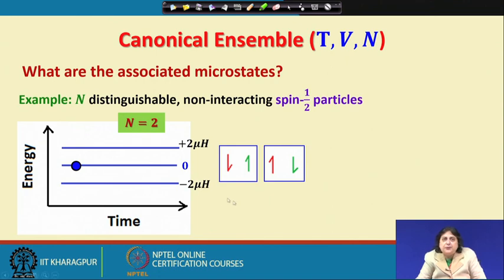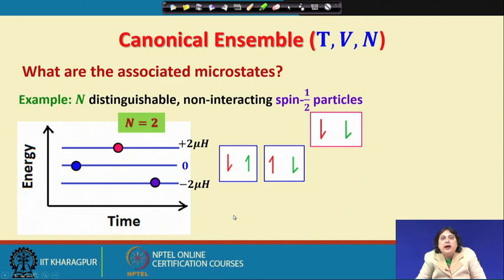Now, if it so happens that I have the system in this higher energy state, what are the typical microstates associated with it? We understand that this must be the case when both the spins are oriented antiparallel to the applied field.